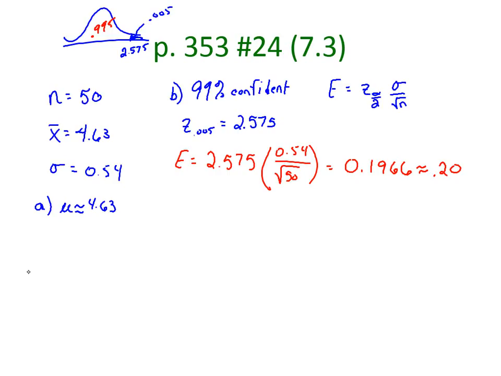So my interval takes my sample mean, 4.63, plus or minus 0.20. 0.2 below means it's going to be 4.43. 0.2 above is going to be 4.83. The mean is the value in the middle because that's the population mean that we're trying to estimate. The population mean is going to be somewhere between 4.43 and 4.83 red blood cells per microliter, I think, are my units.